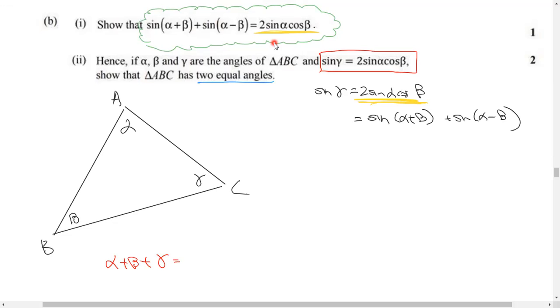Alpha plus beta plus gamma, it's in a triangle, so it's going to equal 180 degrees. In that case, that means we can get an expression for alpha plus beta. That'll be 180 minus gamma. And this might be very useful over here.